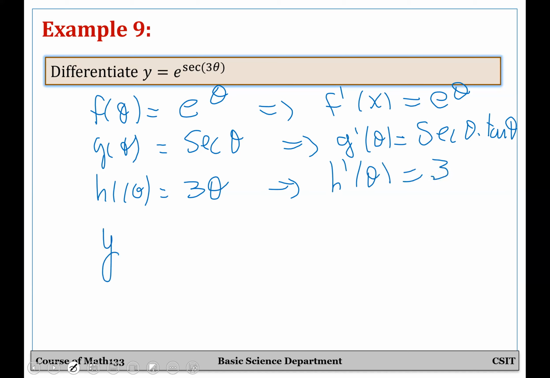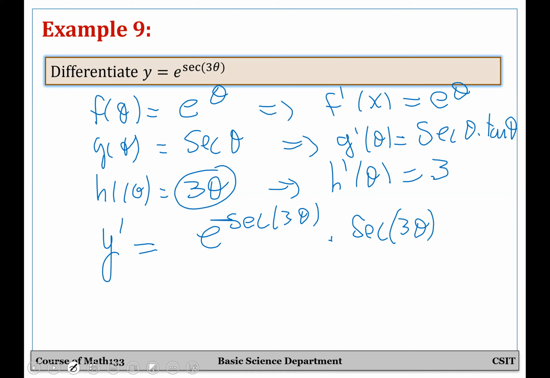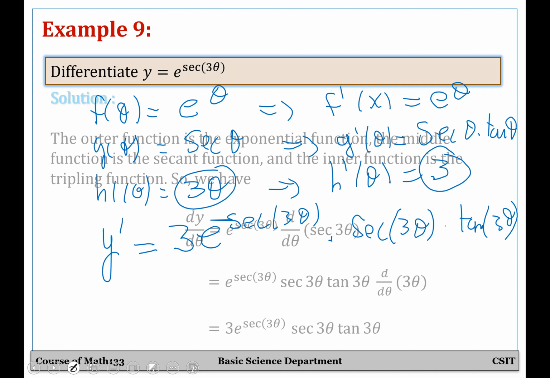So y prime, the derivative with respect to theta, is equal to e to the secant of 3 theta, multiplied by secant. Don't forget to apply it at 3 theta, times tan of 3 theta, and at the end multiplication by 3 that I will write here.